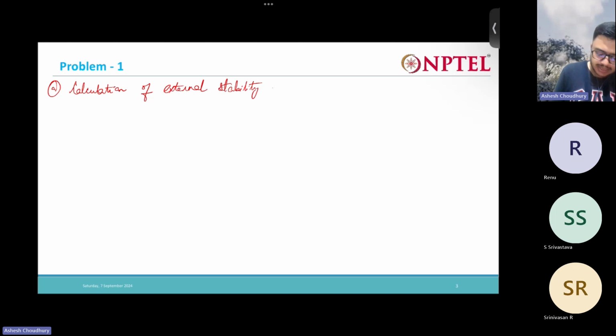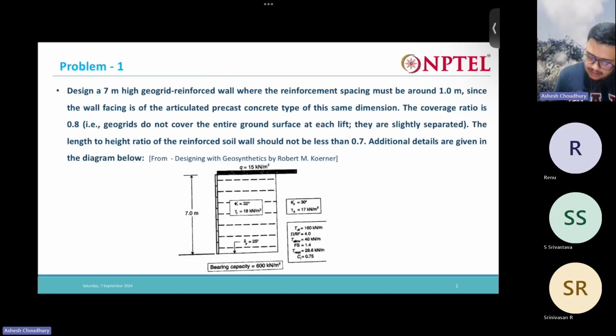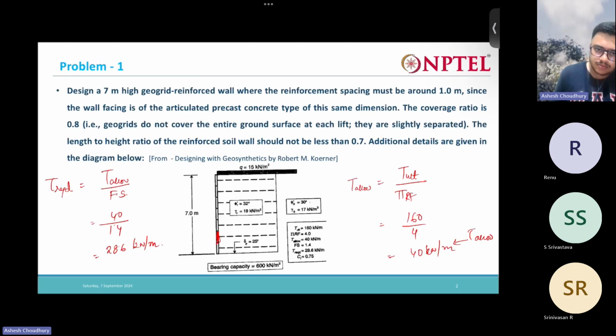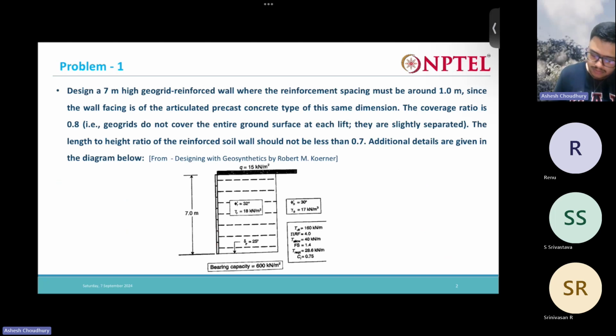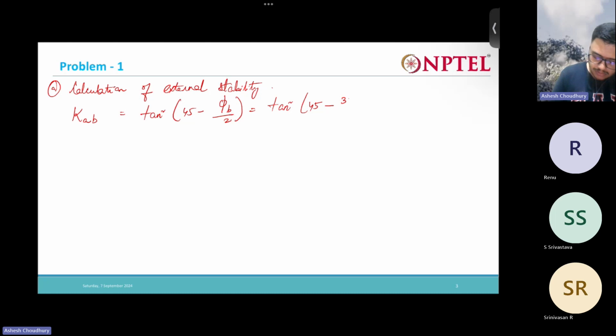For external stability, we need the active earth pressure coefficient for the backfill. Ka is tan square of 45 minus phi by 2, where phi is given as 30, and it comes out as 0.33.